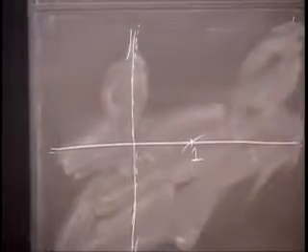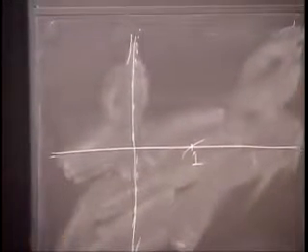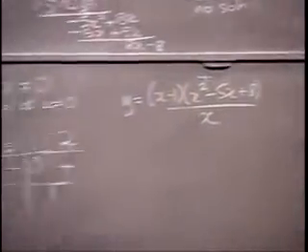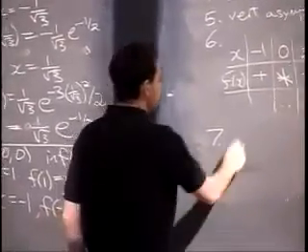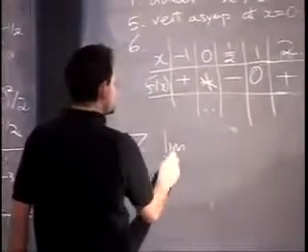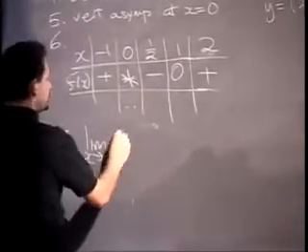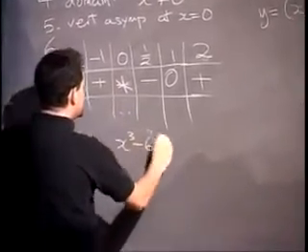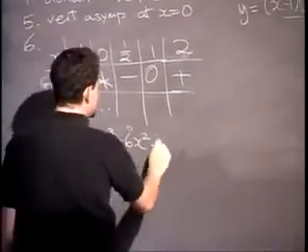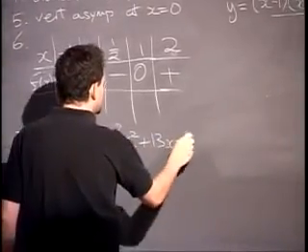So let's continue our work. We still have 10 minutes to finish, about that. So for step 7, I would like to spend a little bit of time on this step. What is the limit as x goes to infinity of the original function, x cubed minus 6x squared plus 13x minus 8 over x?